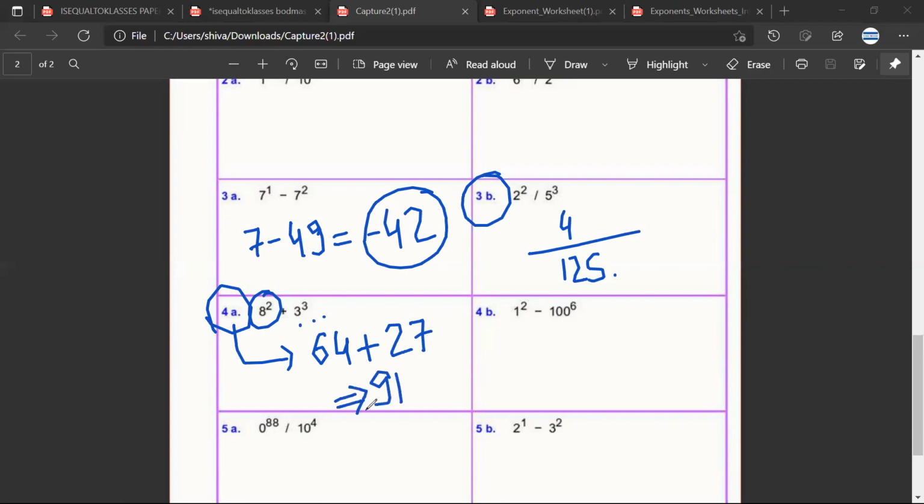Any doubt? No, sir. 4B. 1 minus 1 0 0 0 0 0 0.